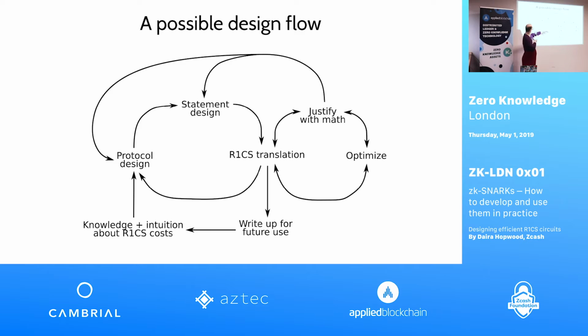And then, as you're doing this, you can write up any good ideas you have so that you can use them or other people can use them. You look in Appendix A of the Zcash protocol spec. It has a lot of the content of this talk actually. So you can start with that in your protocol design.